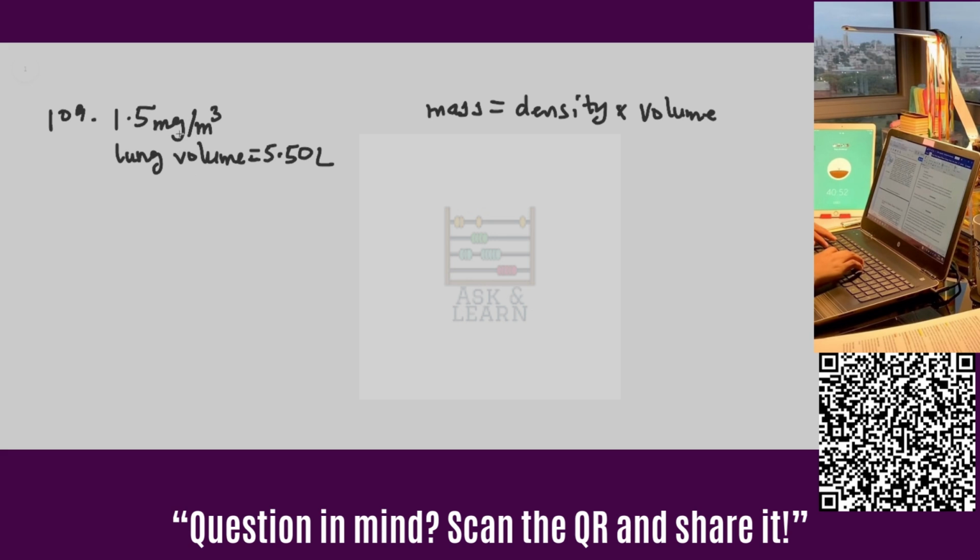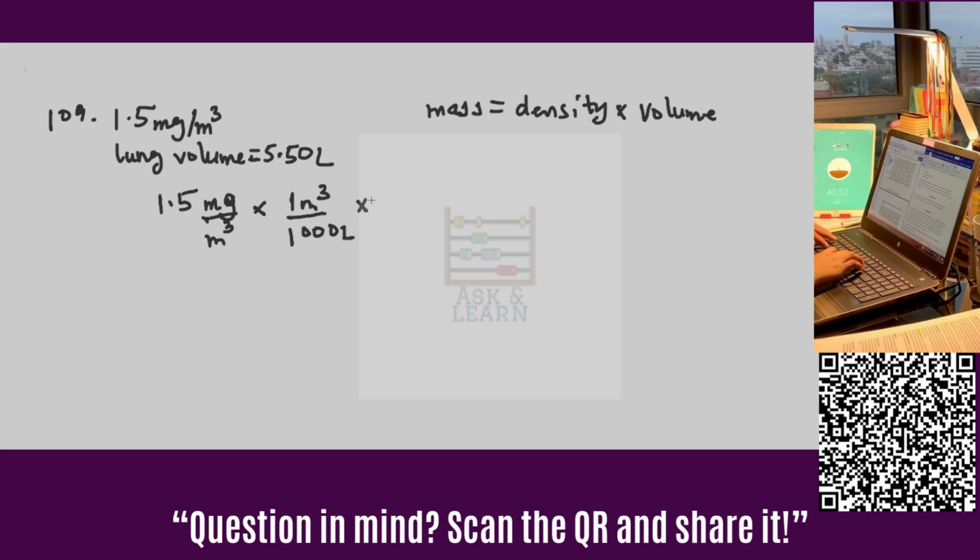We first have to convert 1.5 milligrams per meter cubed, preferably into grams per liter. So we have 1.5 milligrams per meter cubed, and essentially 1 meter cubed is equal to 1,000 liters, so we can have 1 meter cubed over 1,000 liters.